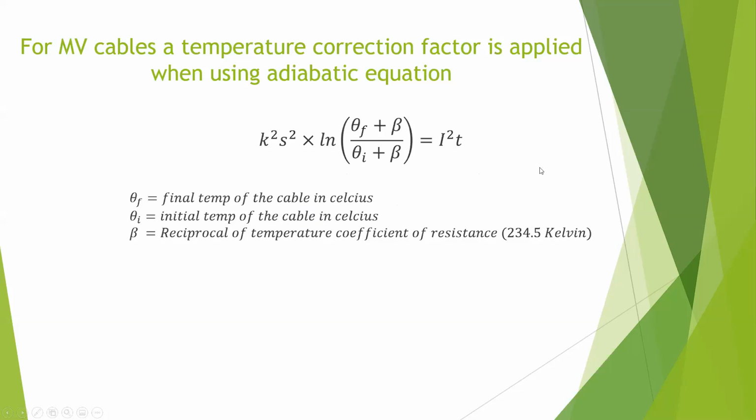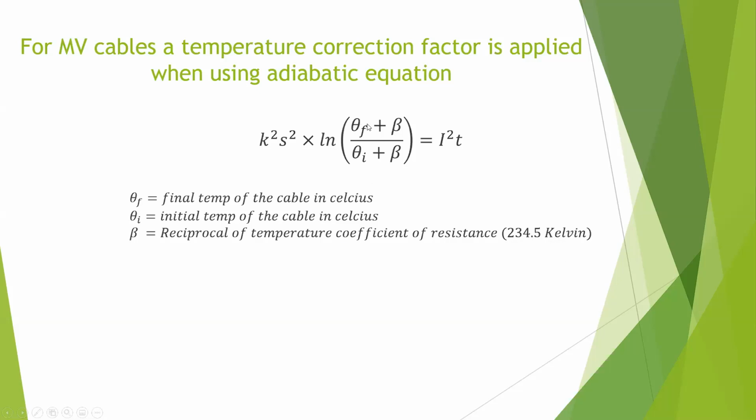Usually the temperature coefficient of resistance is a very small value, like point something, depending on the conductor types, and usually this is for copper. The reciprocal of that will come with the unit Kelvin.